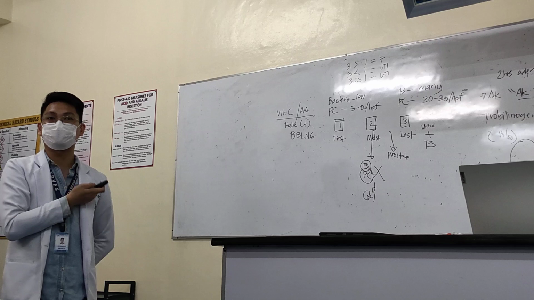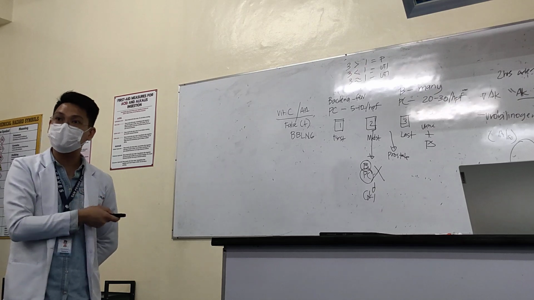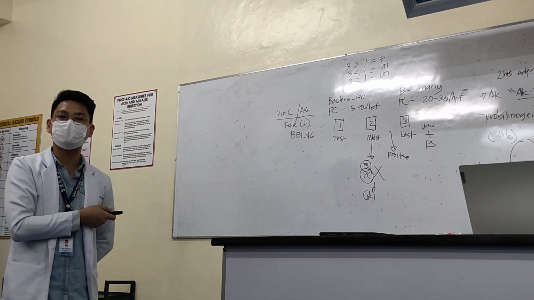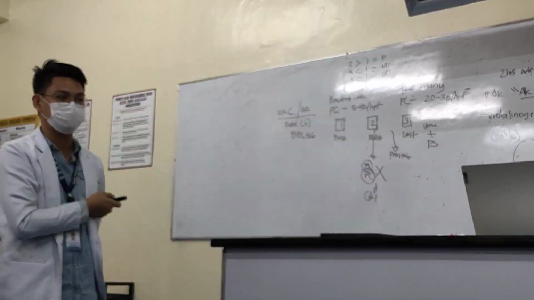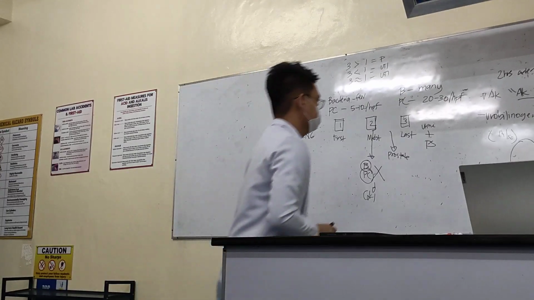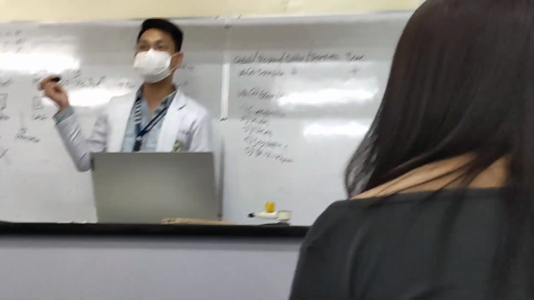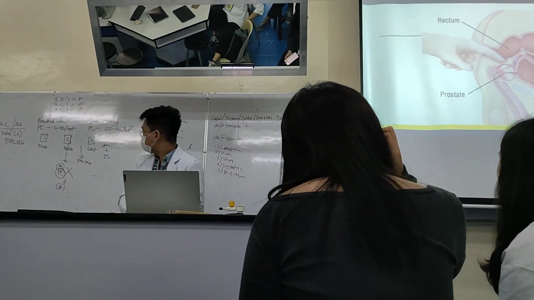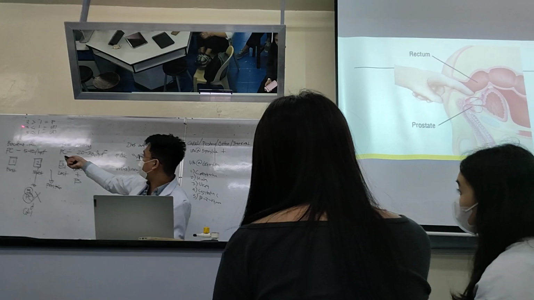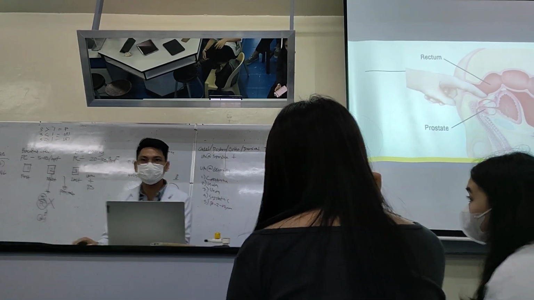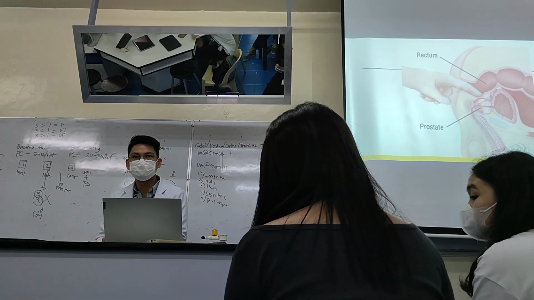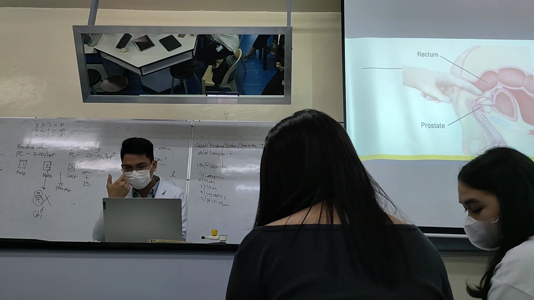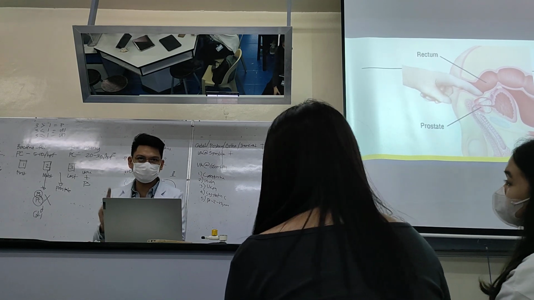So the three-glass collection is for prostate infection, which is called prostatitis. If the result is UTI, container 3 is less than container 1. What does it mean?